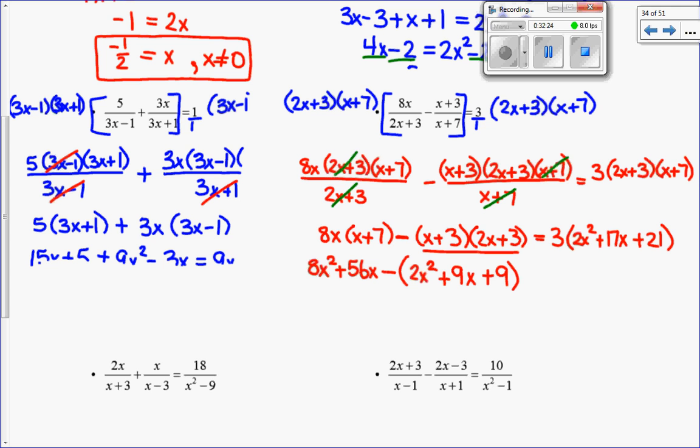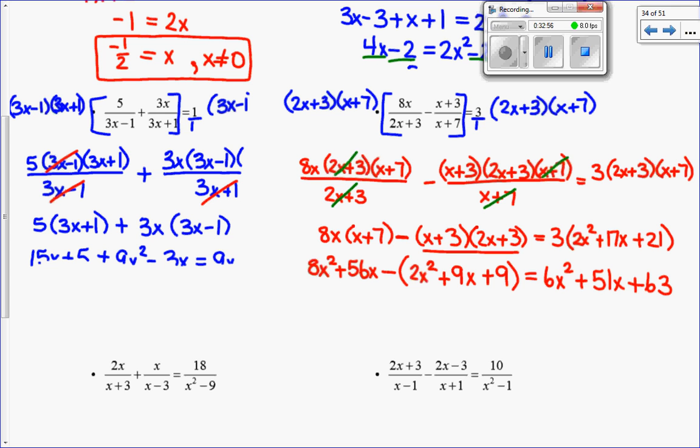Now this will totally change everything because we're subtracting this whole amount here. And so this means it's really negative 1 times 2x squared, and negative 1 times 9x, and negative 1 times the 9. So that is going to do some sign changing in the middle there, which we'll deal with in a minute. And then back to this, 3 times 2x squared is 6x squared plus 51x plus 63, like we had before.